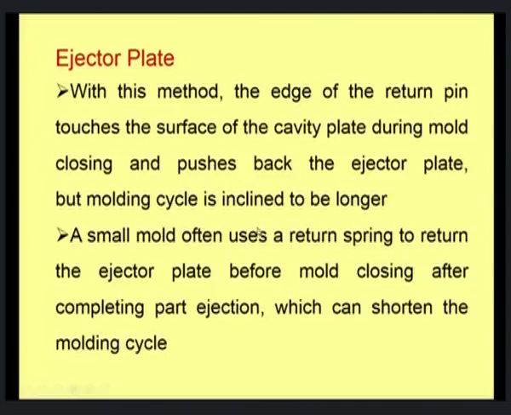A small mold often uses a return spring to return the ejector plate before mold closing after completing the part ejection, which can help in reducing the cycle time, that is the molding cycle time for a mold.